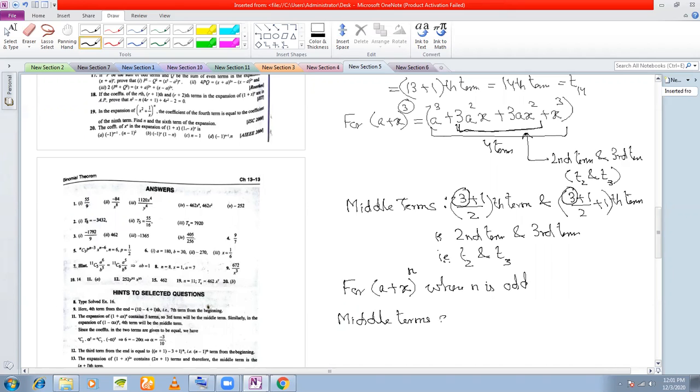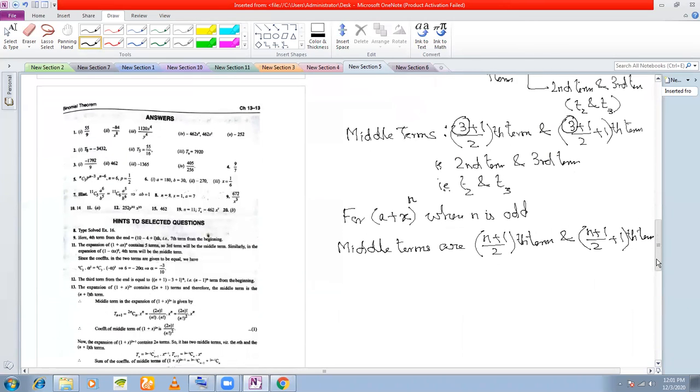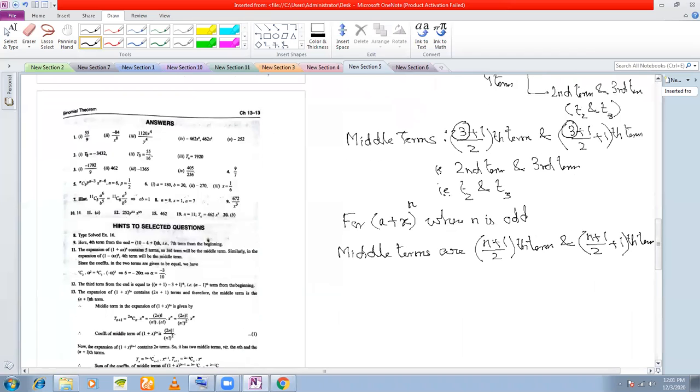The middle terms are the (n plus 1) by 2 th term and the (n plus 1) by 2 plus 1th term. Right? These two are the middle terms in case of odd powers. Okay, so remember these two.